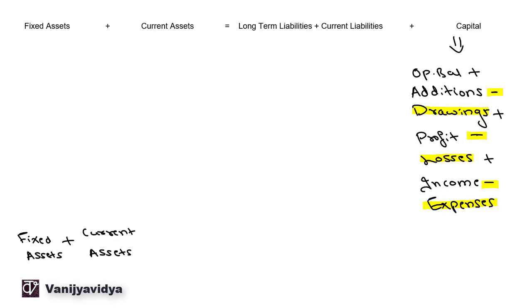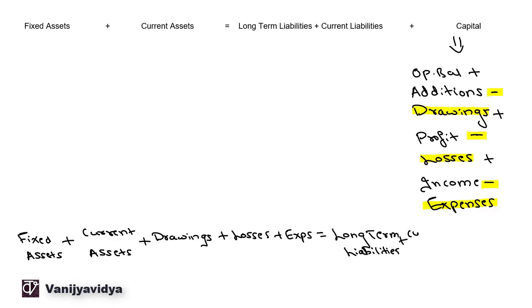Now since we are taking these drawings, losses and expenses on the other side, they become positive: plus drawings plus losses plus expenses is equal to, on this side you have long-term liabilities plus current liabilities plus your capital.